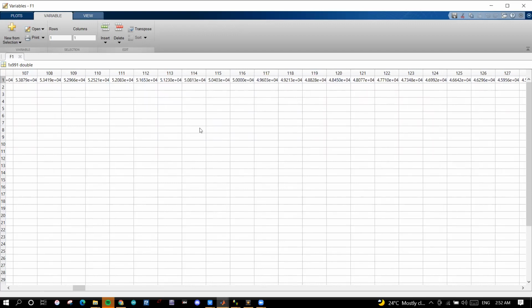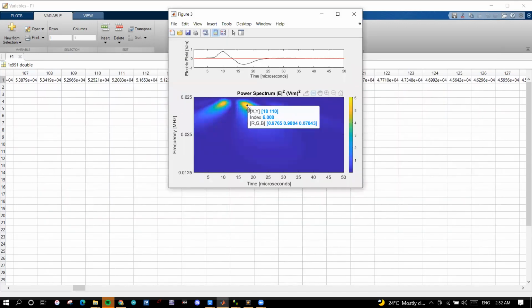Meaning that at this particular point, the value of the frequency is 52.52 kilohertz, and the power spectrum is 6.008.